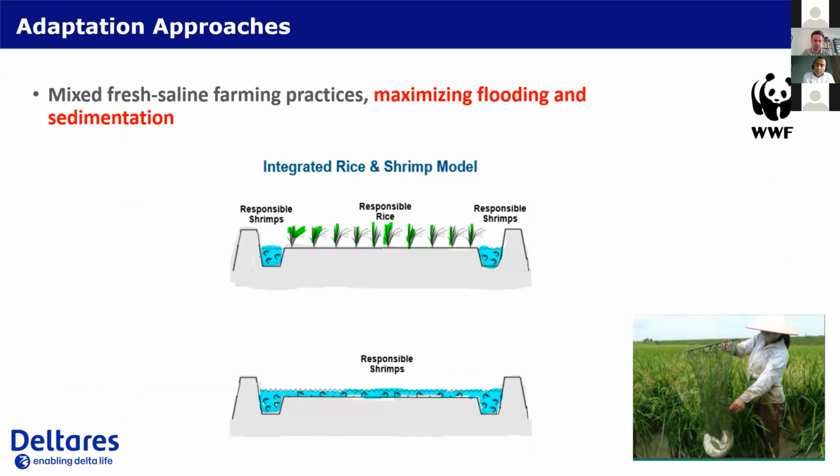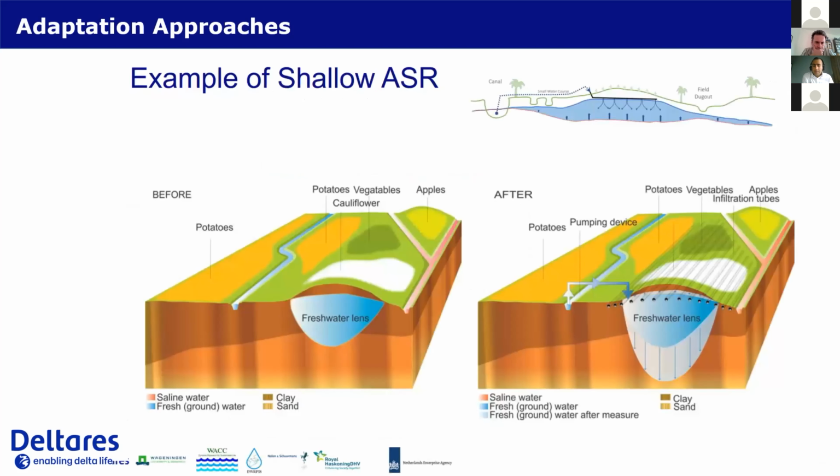And if we make sure that we maximize this flooding, we can include what Philipp just mentioned. We can bring sediment to the system, be it fluvial sediment or organic sediment. We know that it can work. And with WWF, we're currently developing pilot projects for that, to actually see what is going to happen and how effective this could be at the farm level.